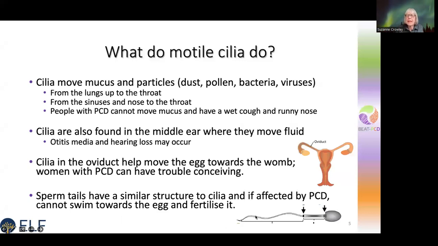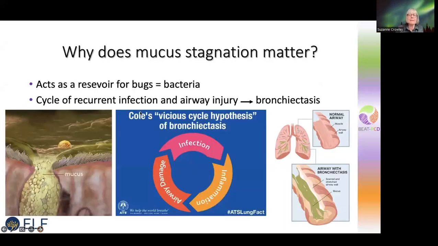The sperm tail swims a bit like cilia move. Not all men, but most men with PCD have sperm that can't swim, and therefore they cannot move towards the egg and fertilize it. You will hear more about infertility and PCD later from Joanna Raidt.